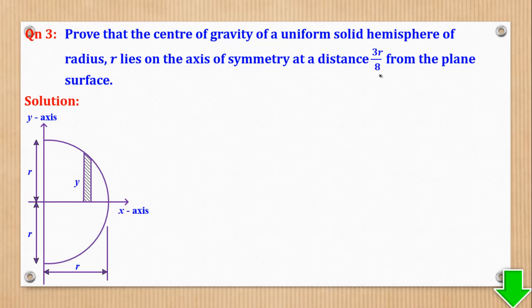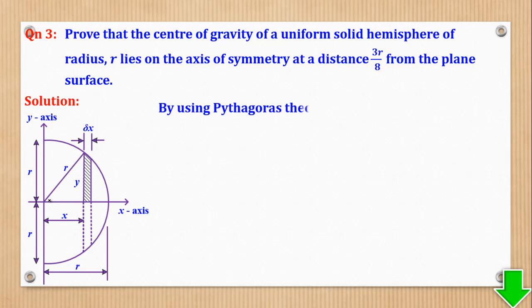Then we draw a slice which will be rotated. So you are going to use this right angle triangle to get the relationship between y and x. So by Pythagoras theorem, we have got the relationship between y and x.